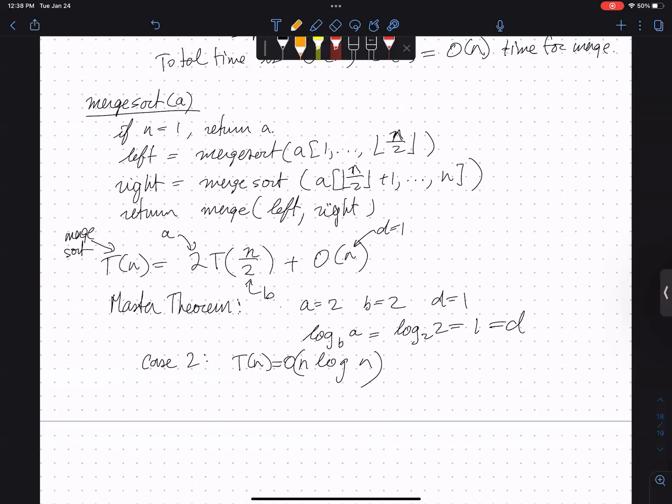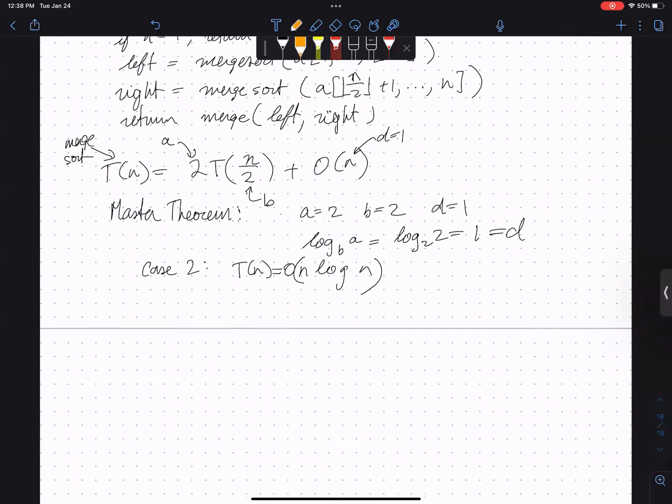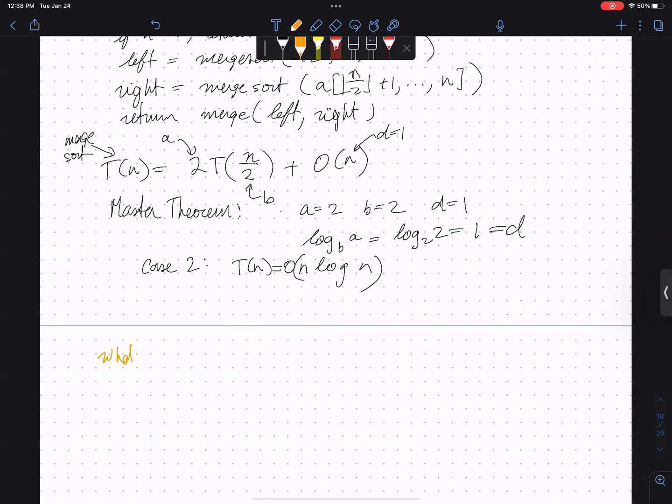If I understood your question, what if T of n equals 2T of n over 2 plus n log n, or O of log n?